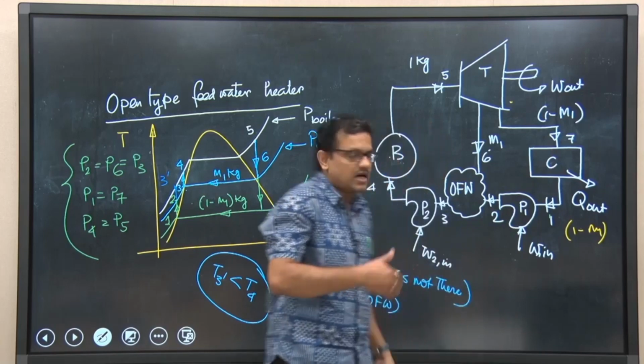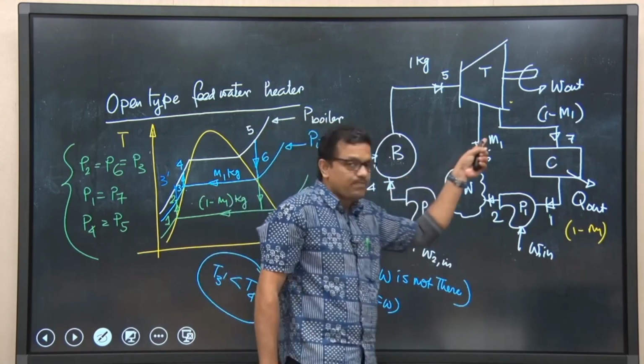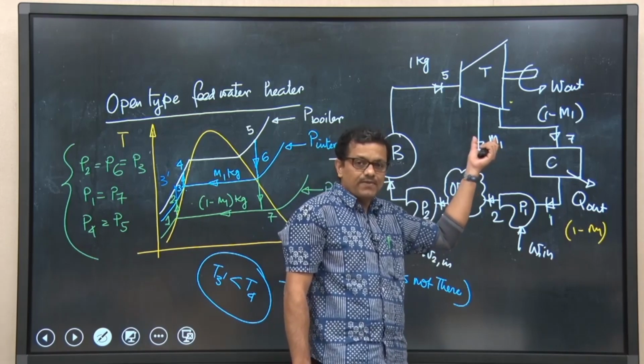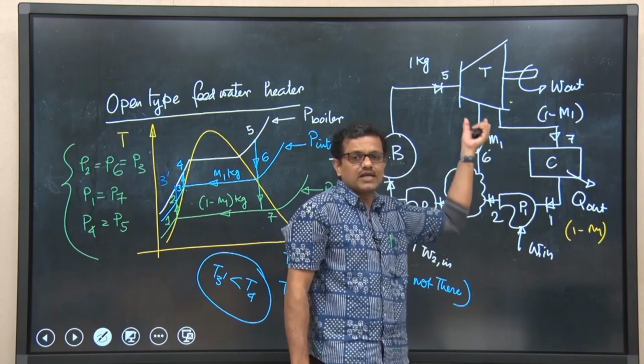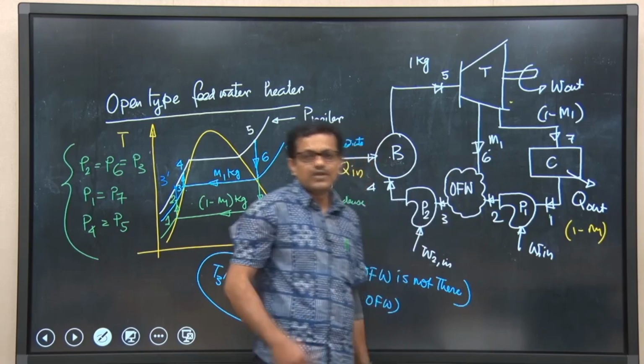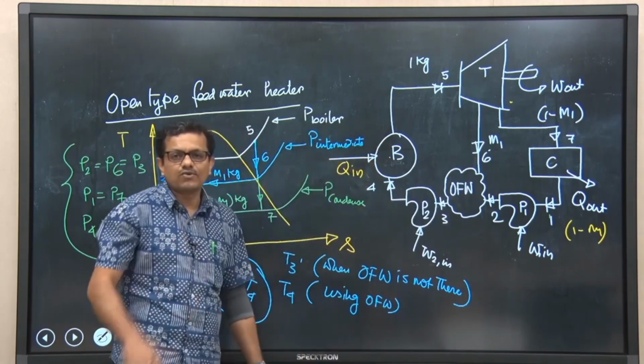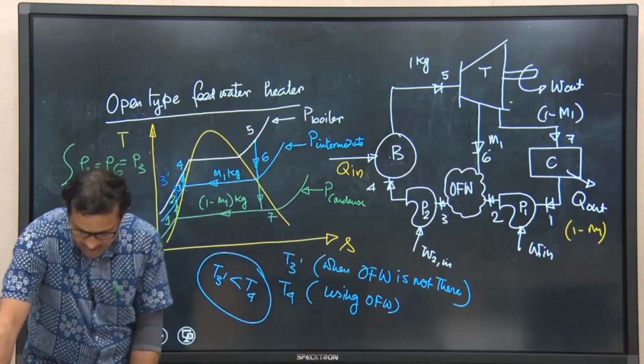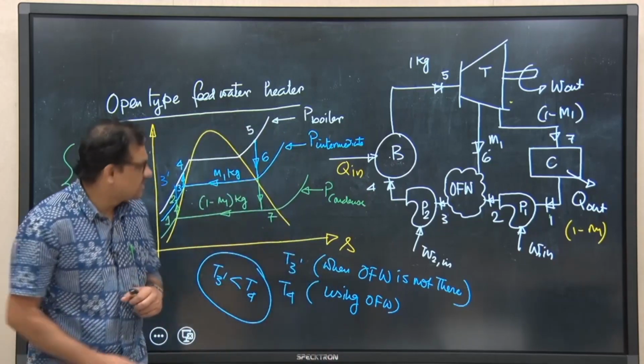So, by perfectly designing this system and perfectly calculating the fraction of steam to be extracted, the overall impact is an increase in the efficiency of the cycle. That is very important.